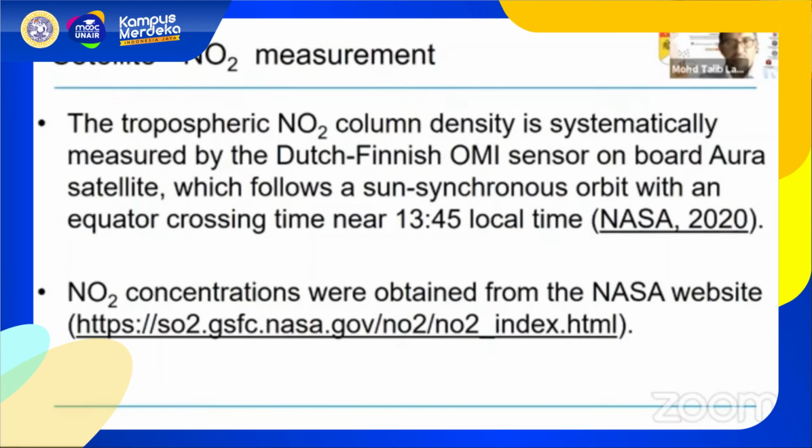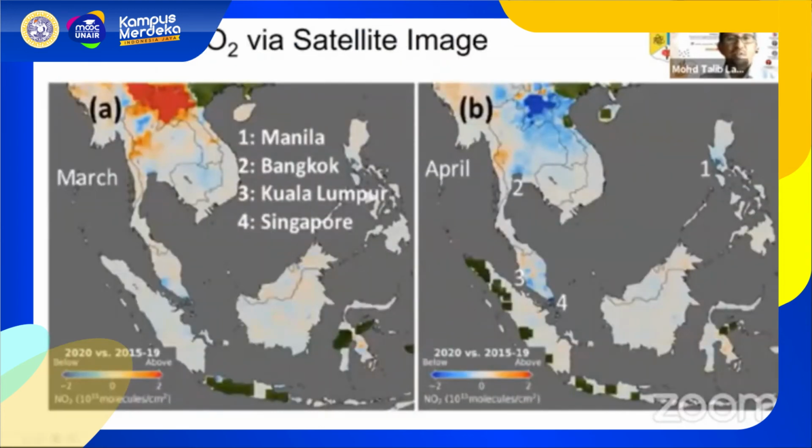So this is NO2. As I mentioned, we use different satellites to determine the level. This satellite belongs to NASA, so you can get the data for free. You can see the overall NO2 during March and April, where Malaysia and other countries started lockdown in the middle, on 18 March.